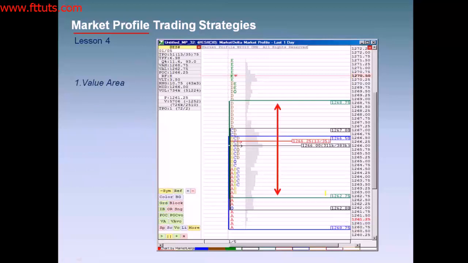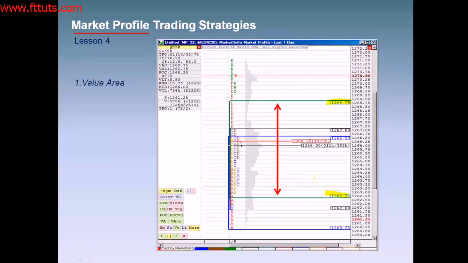The bottom limit on our value area that we see is 1262.75, and the top limit is 1268.75. The reason I want to highlight these numbers for you is they're going to become important reference lines for us. It's not just enough to be able to identify the value area, but you need to also be able to identify the parameters of the value area, where it is at the extreme at the low and where it is at the extreme at the top.